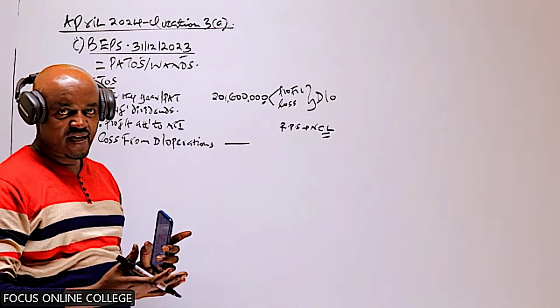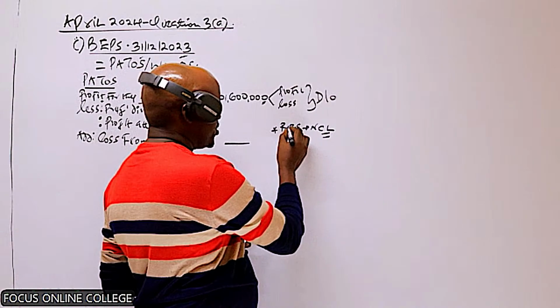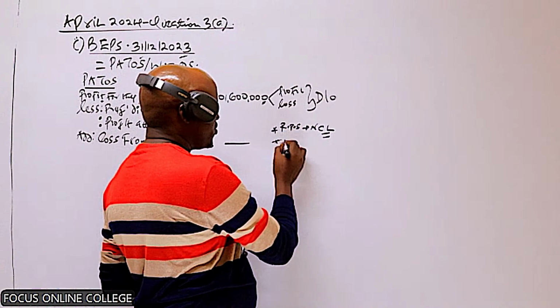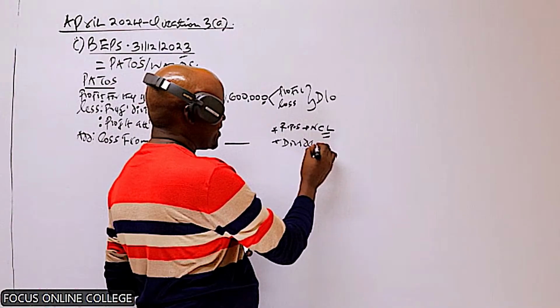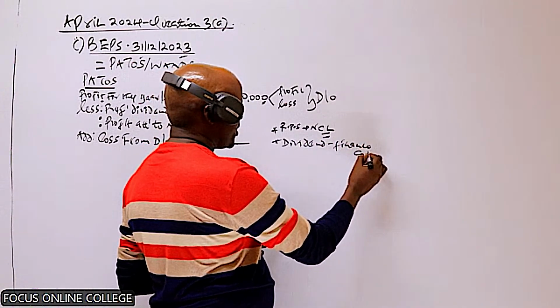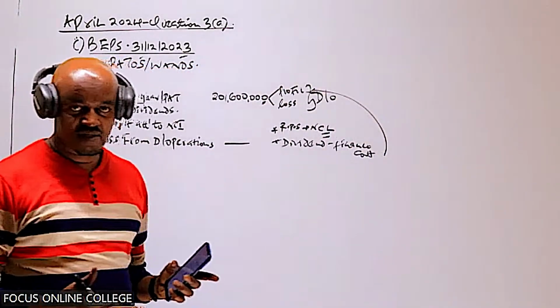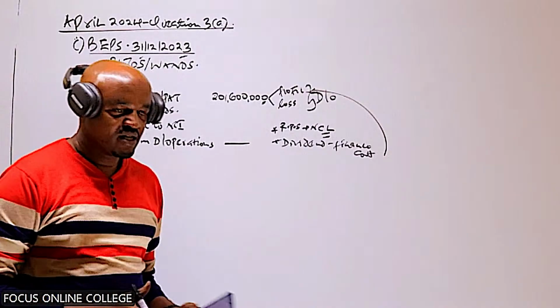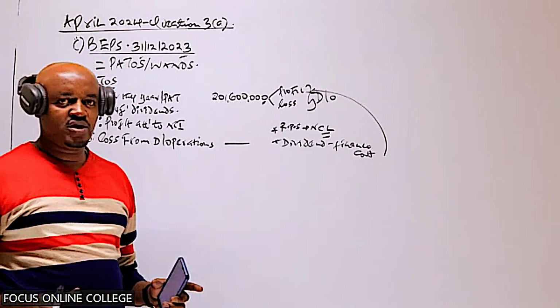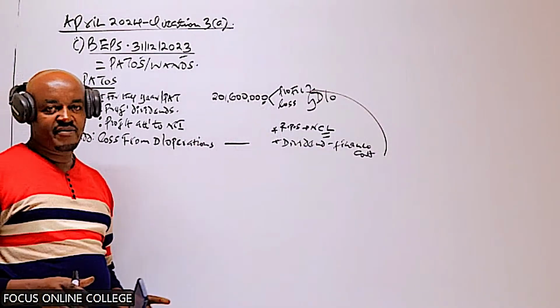And therefore, the dividends in relation to the redeemable preference shares are classified as part of the finance cost. In arriving at this particular profit, all expenses, including the finance cost, have been deducted. So in case the preference shares issued by the company are redeemable, don't deduct their dividends there.